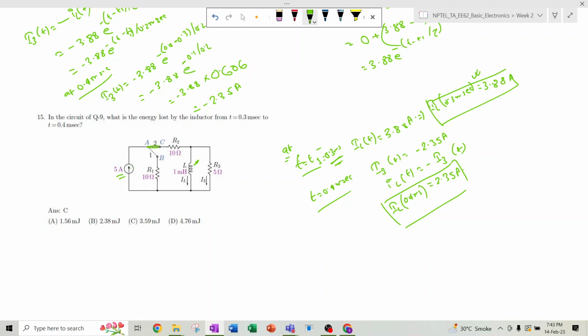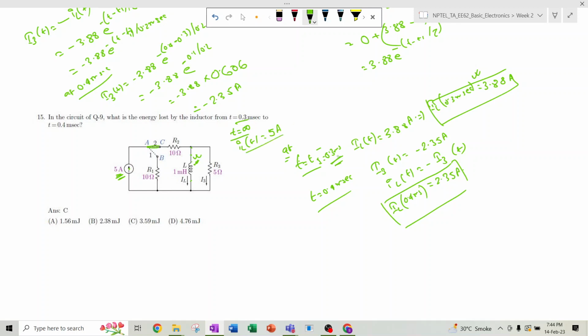So from this 5 ampere current source the inductor is getting charged. If this source were connected for infinite time, the entire current would come through this part, and the inductor current at t equal to infinity would also be 5 ampere, but it is connected only till t equal to 0.3 millisecond.